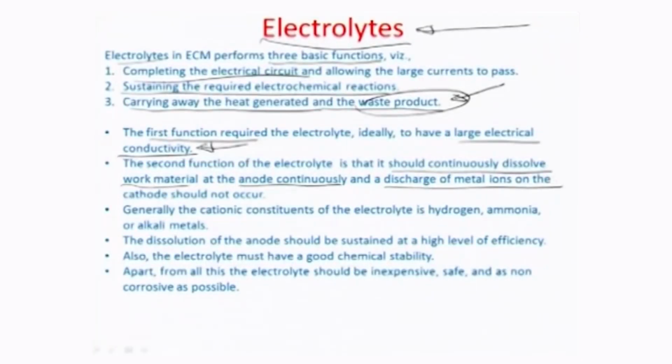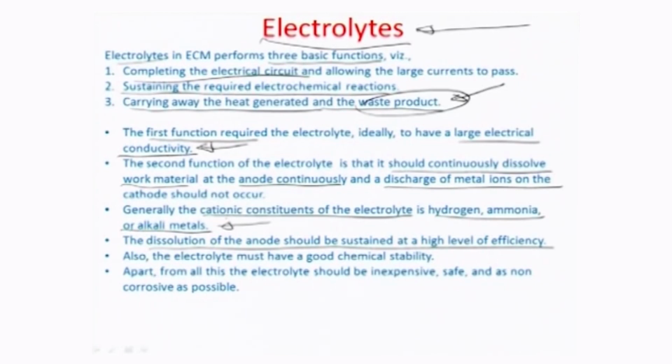So, the dissolution of the anode should be sustained at a high level of efficiency by the electrolyte, and there are some other cationic constituents of the electrolyte like hydrogen, ammonia or alkali metals, which should be part of the regular process of the electrolyte.